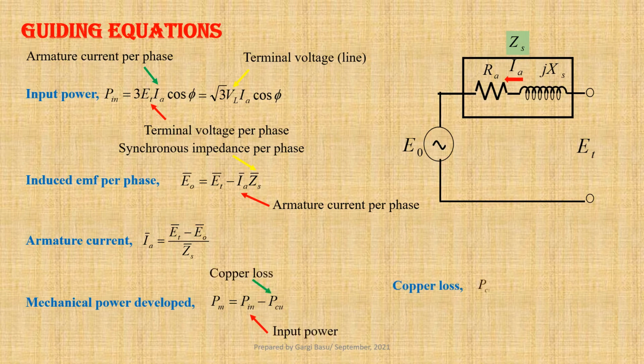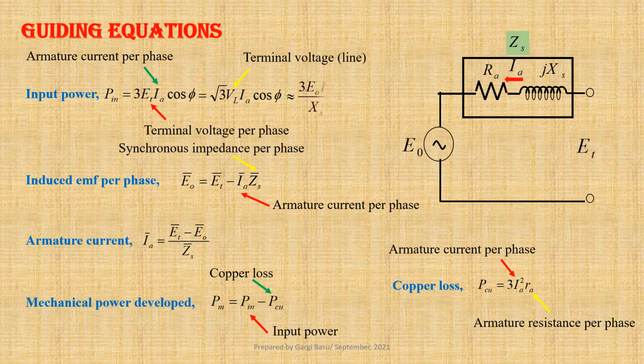P copper equals 3 times Ia square into Ra, where Ia is the armature current per phase and Ra is the armature resistance per phase. If Ra is neglected, input power Pin is approximately equal to 3 times E0 Et by Xs sine of delta, where delta is the torque angle, which is also known as power angle or load angle.